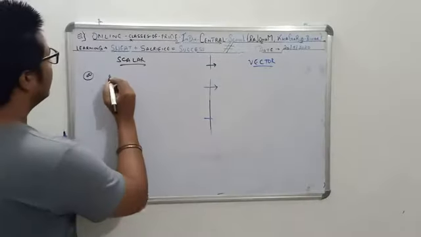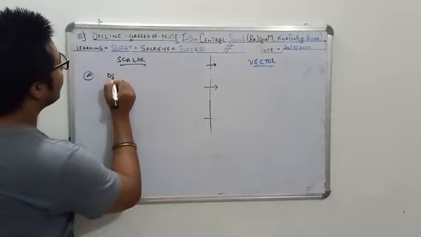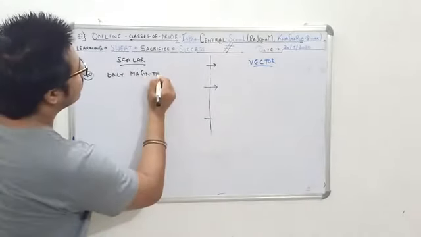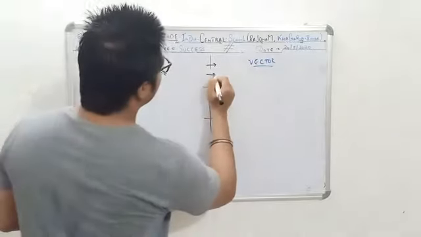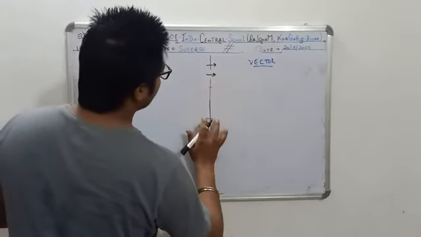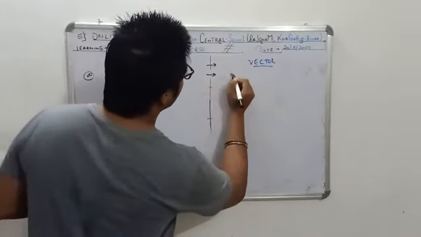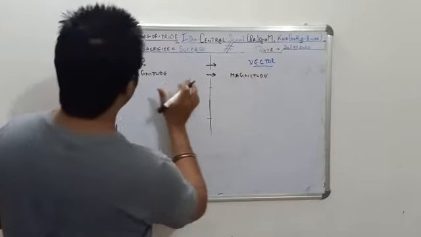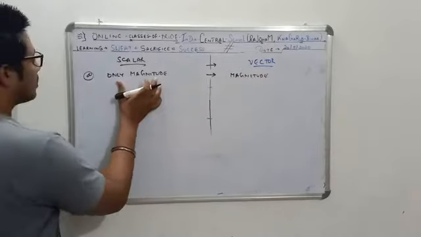A scalar quantity is a quantity which has only magnitude. Only magnitude. Both are having magnitude. This also has magnitude, and the vector quantity also has magnitude.